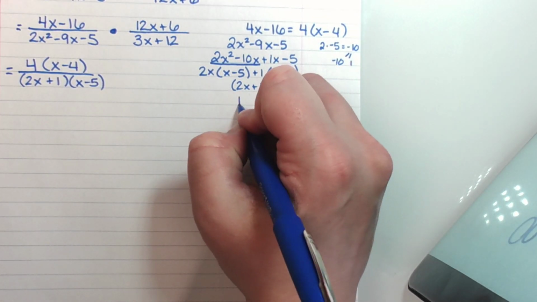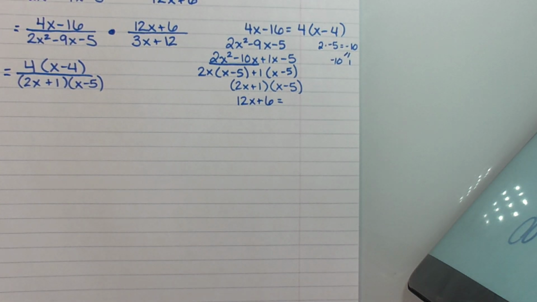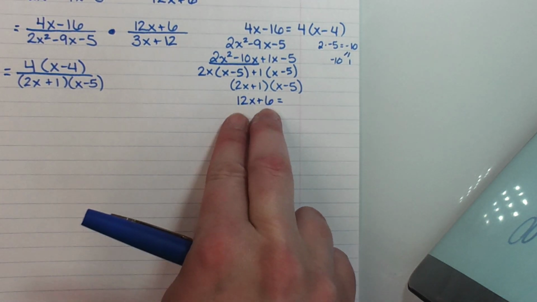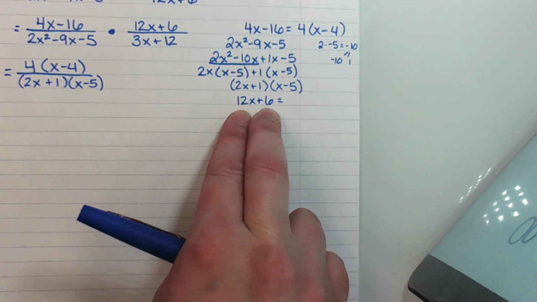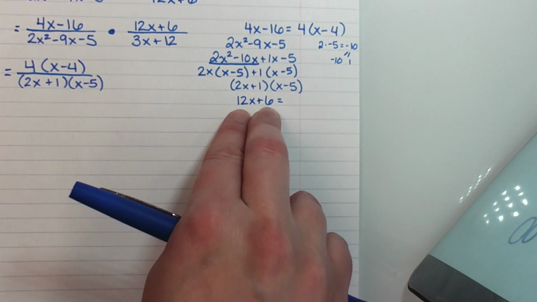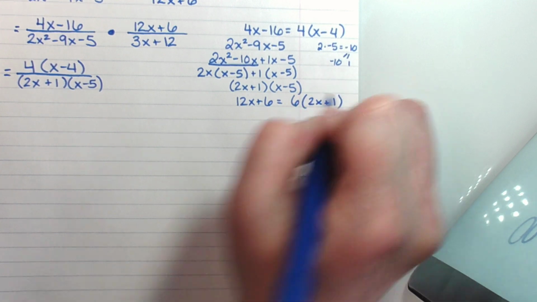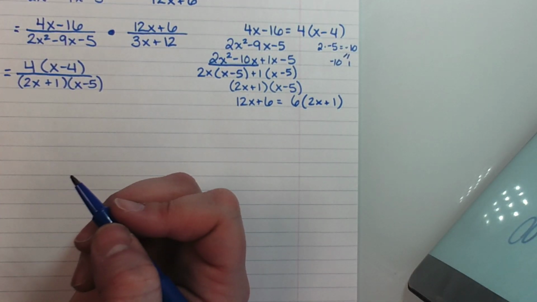Okay, next one. 12x plus 6. Caden, how can I factor that one? What is the GCF? Leaves me with 2x plus 1. Can I factor it further?